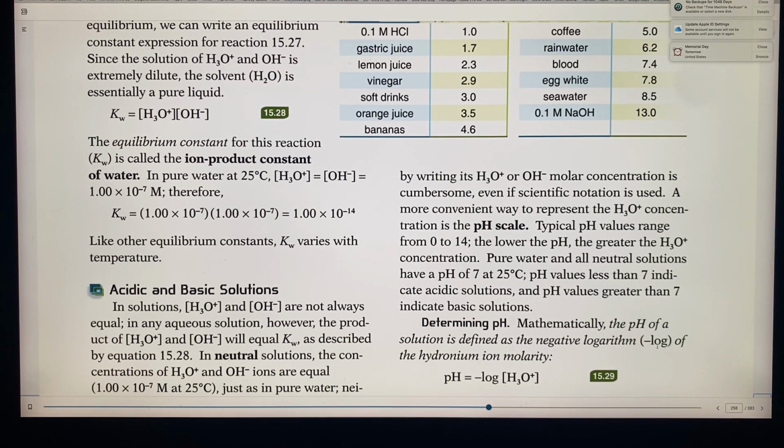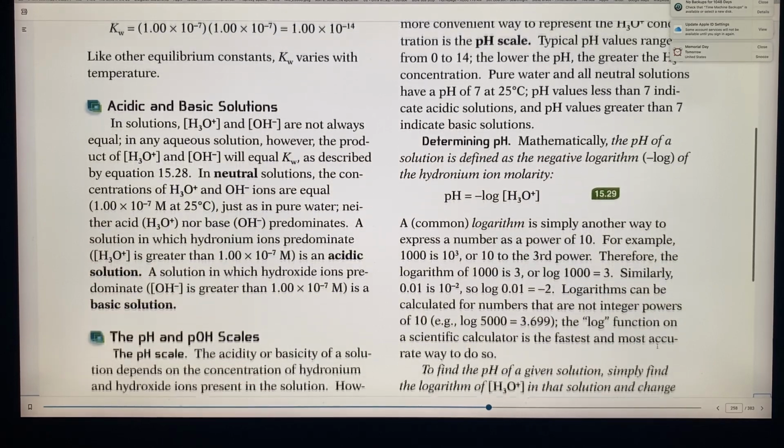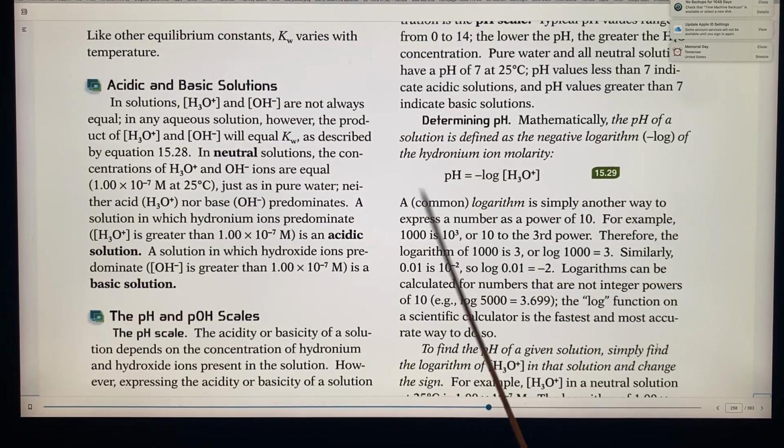Mathematically, the pH of a solution is defined as the negative logarithm of the hydronium ion molarity. This is a little bit of the logarithm deal that I talked to you about. So pH is the negative logarithm of H3O. And what is a logarithm?